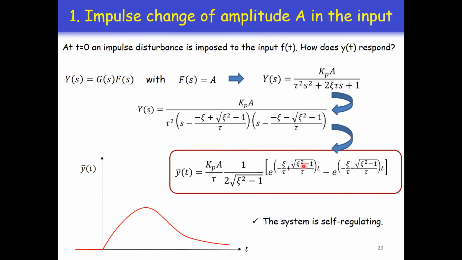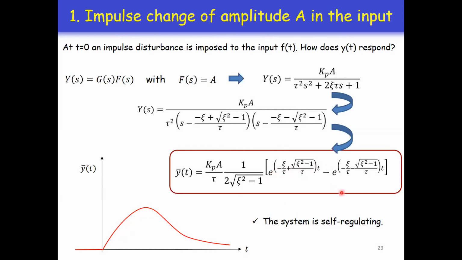We have the difference of two exponentials. Each of them goes to 1 when time goes to 0. So their difference goes to 0. And so at time 0, the response is 0. Make sense? Yes.